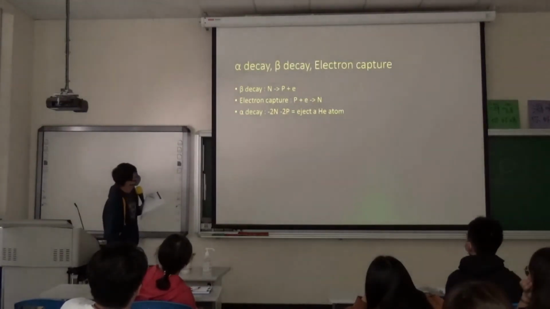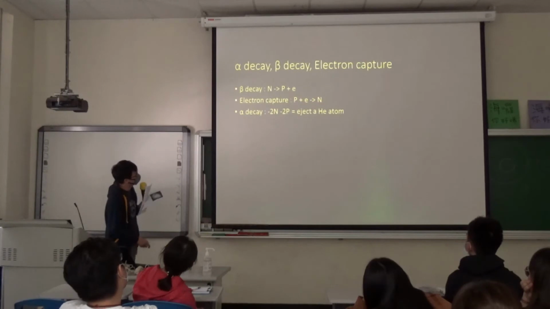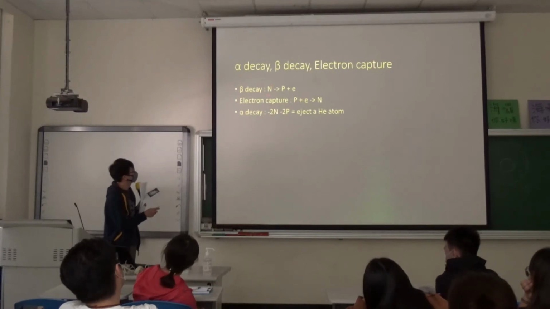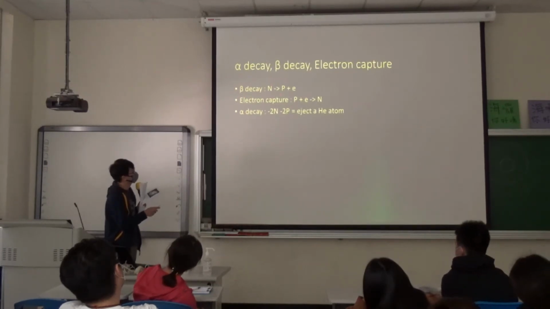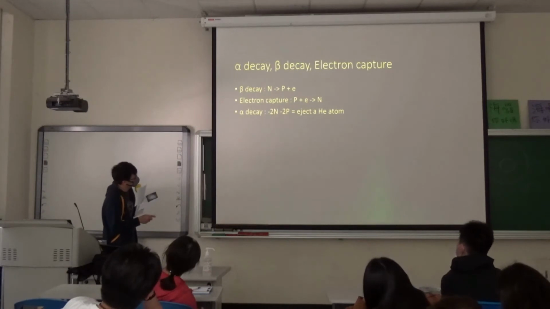This is a short explanation of alpha decay, beta decay, and electron capture. In beta decay, a neutron becomes a proton and an electron. In electron capture, a proton becomes a neutron.